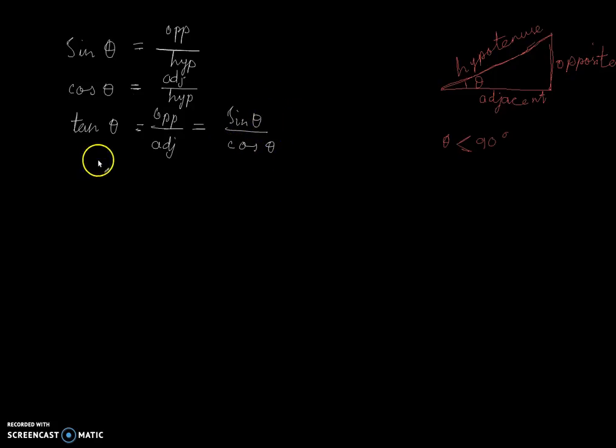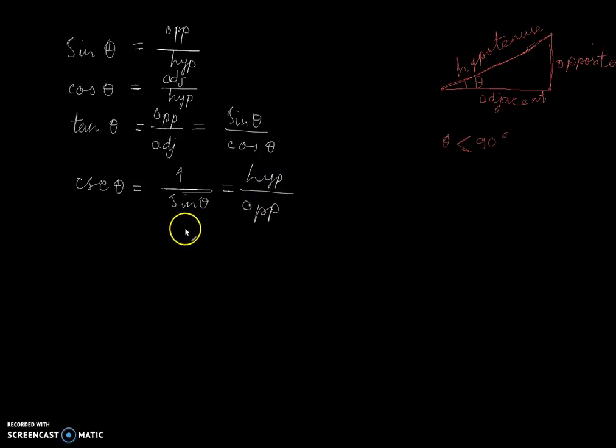And then you have cosecant theta, CSC theta, which is 1 divided by sine theta. So 1 divided by sine theta is the reciprocal of opposite by hypotenuse, which is hypotenuse by opposite.